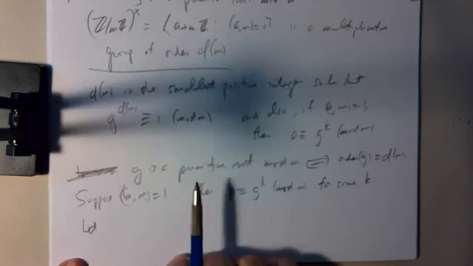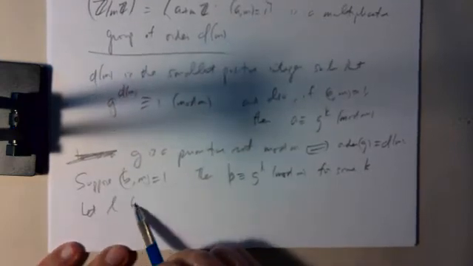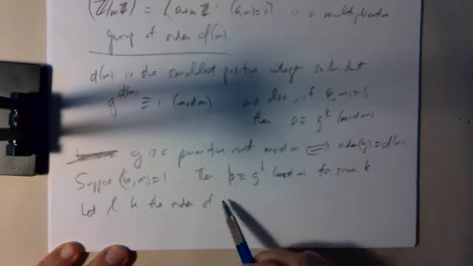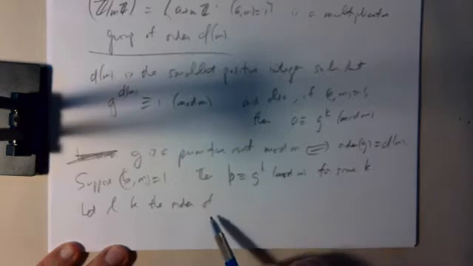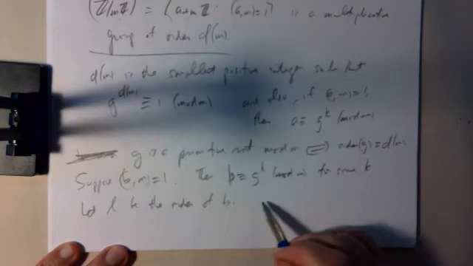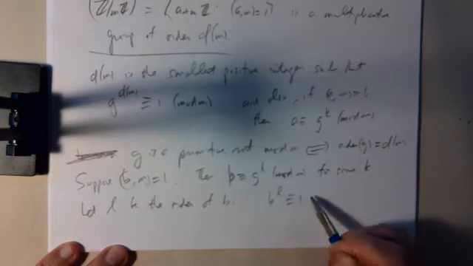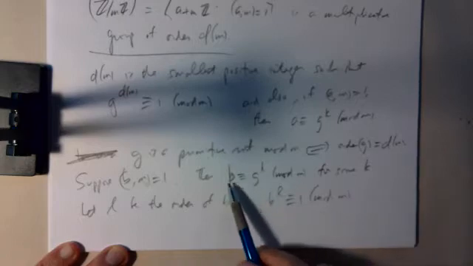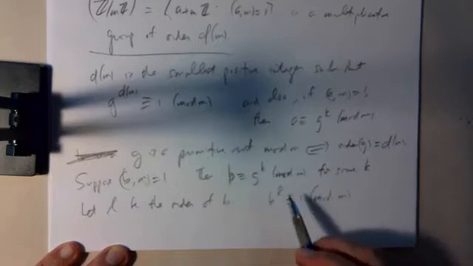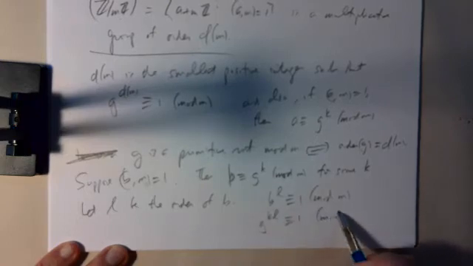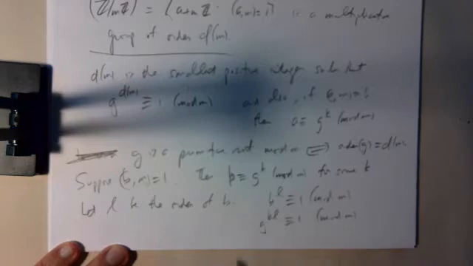Suppose we let L be the order of b. That means b to the L is congruent to 1 mod m, but of course b is g to the k, so that's the same as saying g to the k times L is congruent to 1 mod m. Right?